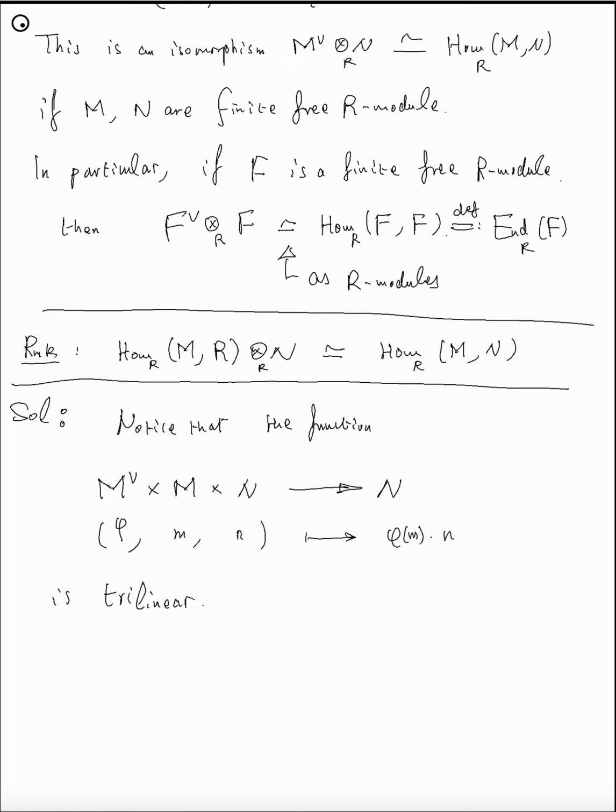This map is trilinear. It's easy to check, because in each position this is R linear. Phi is an R linear map, and so phi itself has an R module structure.